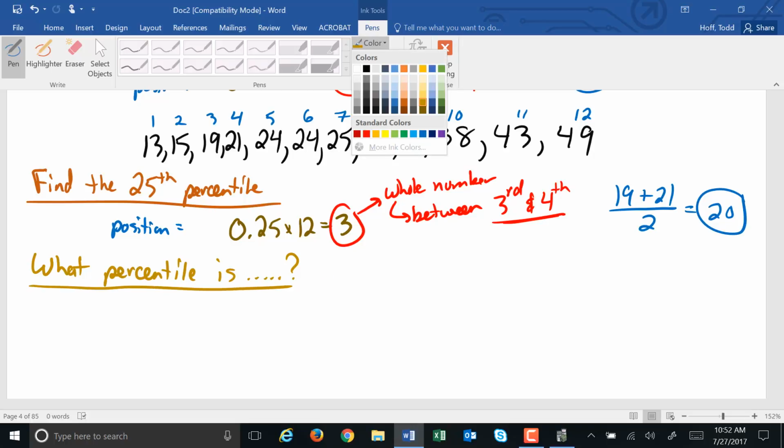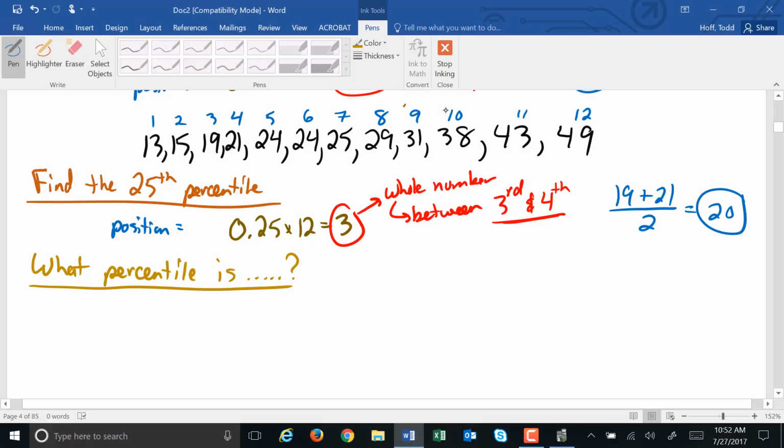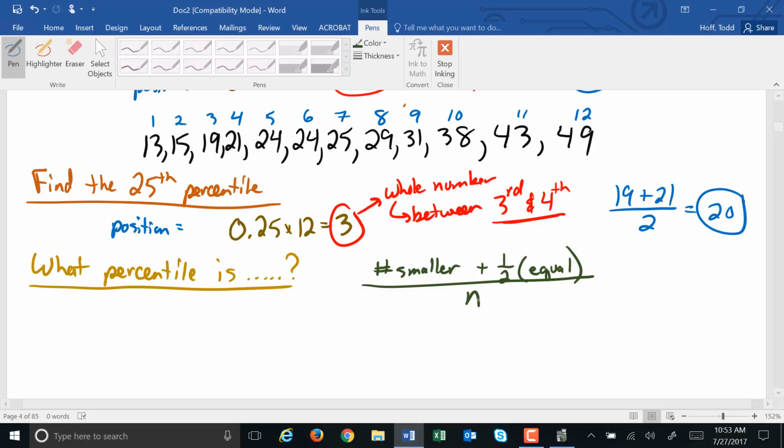Well, the percentile of a number is found by taking the number that are smaller than that number plus half of the number that are equal, divided by the total, divided by n. And then, of course, we're going to have to move the decimal to make it a percent.